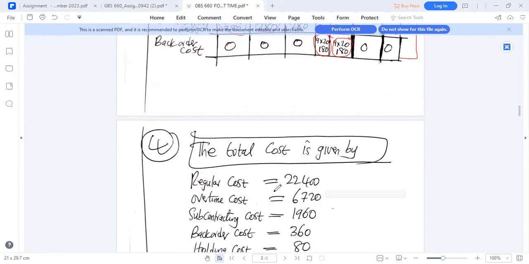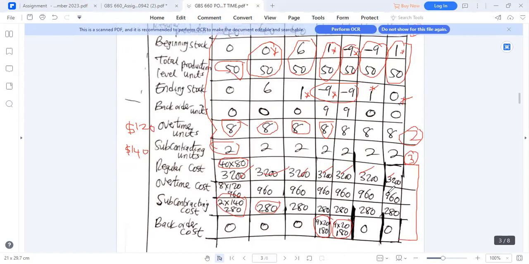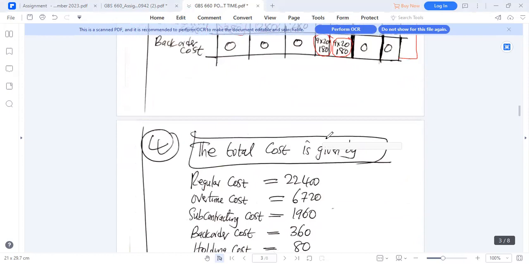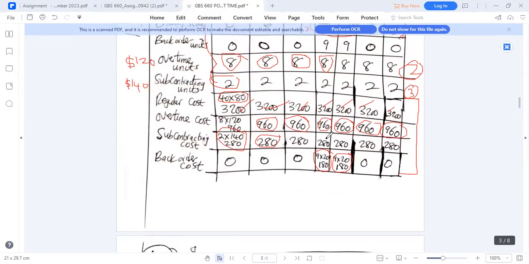And then overtime cost, we have these ones here on our overtime. The overtime cost was actually 6,720, meaning that as we aggregate these ones, we are getting our overtime.